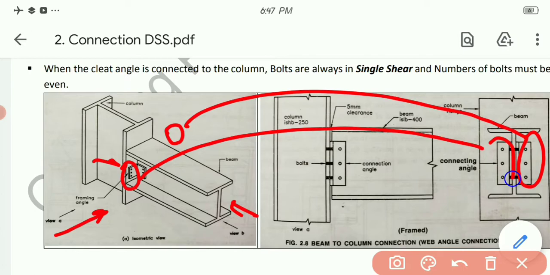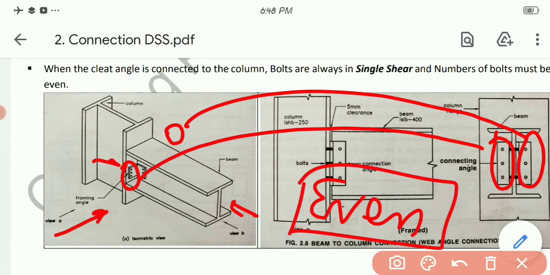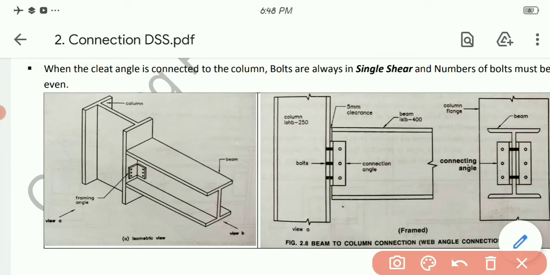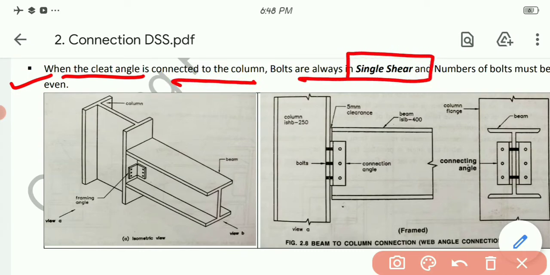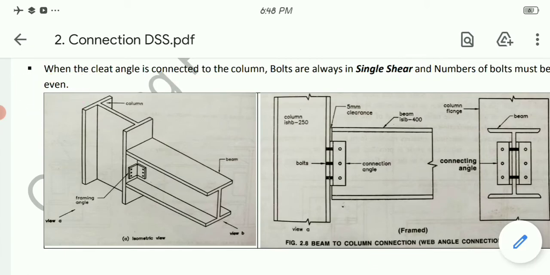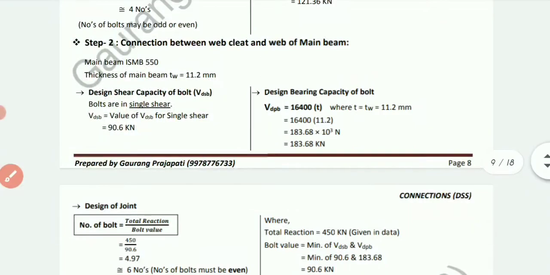So we are providing bolts in equal numbers on both sides. So for this one, the number of bolts must be even. We can see the statement over here: when the cleat angle is connected to the flange of the column, bolts are always in single shear and the number of bolts must be even. So get back to the sum.